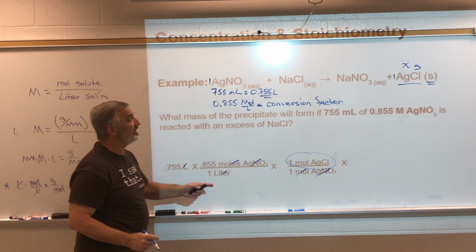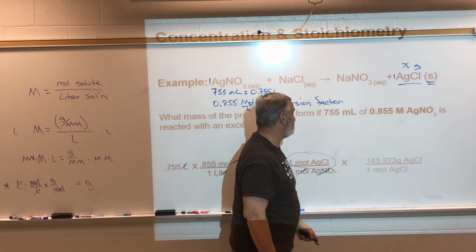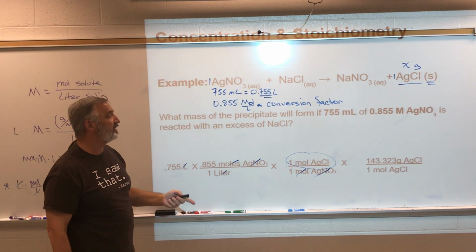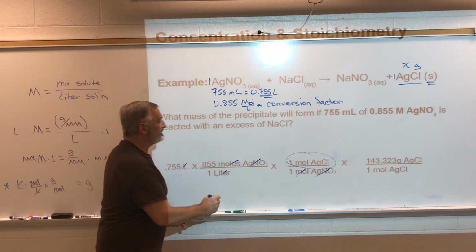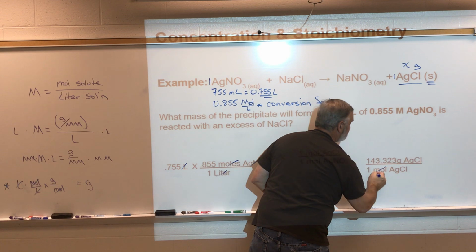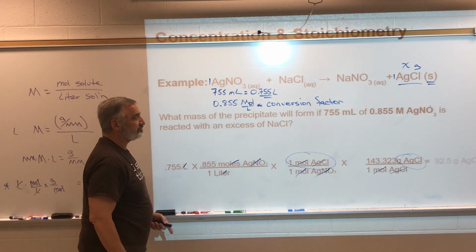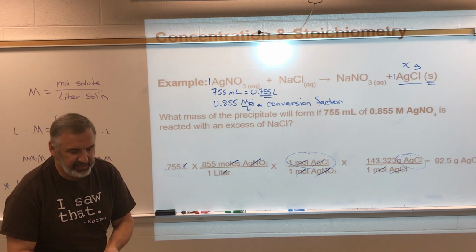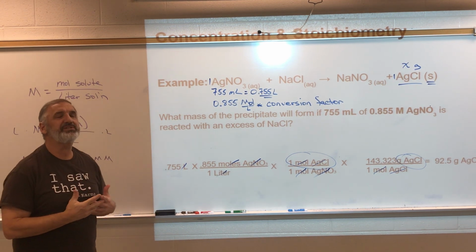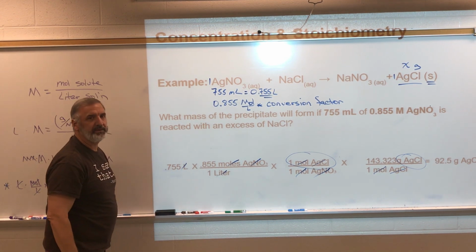So you calculate 107.9 plus 35.45, you end up getting your molar mass of 143.323, carried out even a little bit farther than what I just said. But now notice that moles of AgCl cancel, leaving you with grams of AgCl, which is what we want. So this is identical again to all the other types of stoichiometry problems. You take the given to moles.